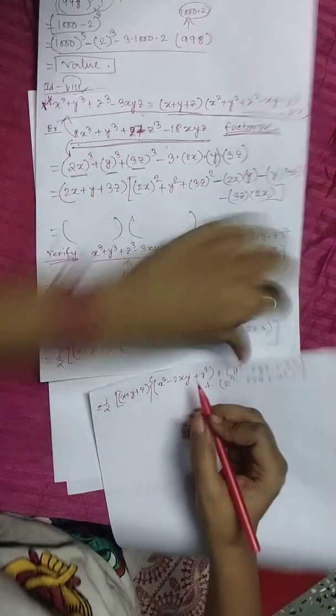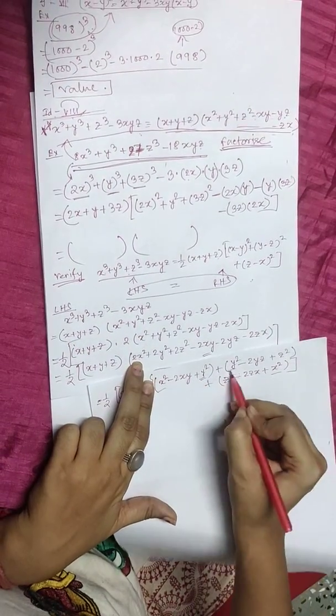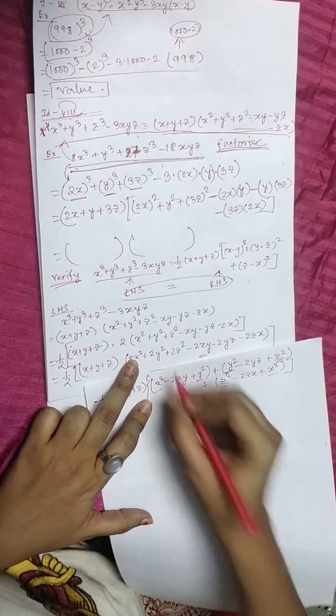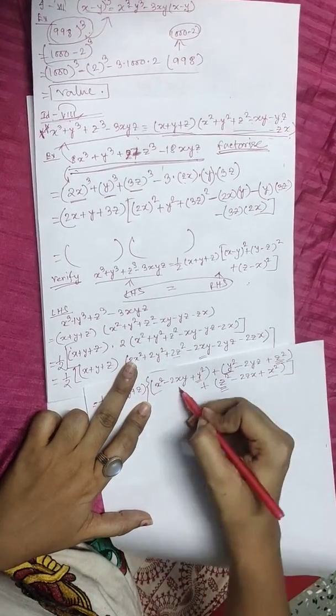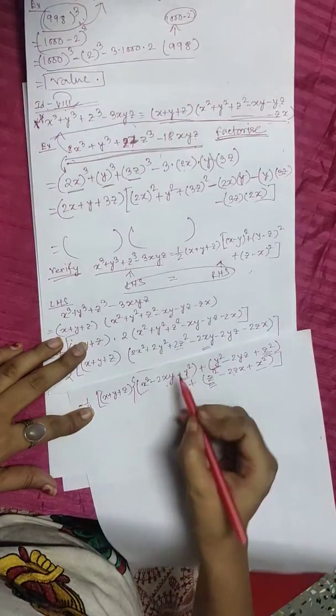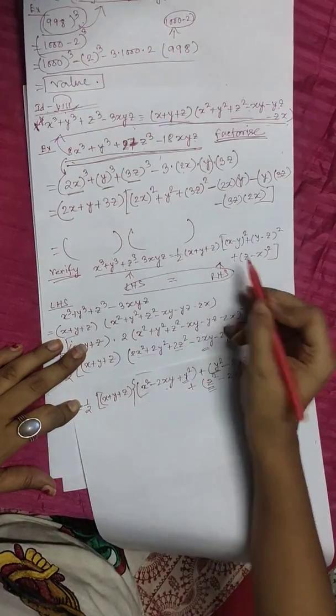Here you can see that 2x square, 2y square, and 2z square, and minus 2xy minus 2yz minus 2zx. Basically we have rearranged this term in this way to get the required proof.